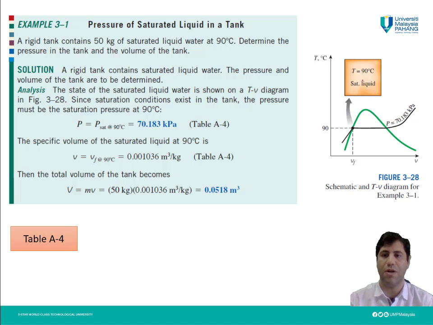So here we have a tank. A rigid tank contains 50 kilograms of saturated liquid water. So we know the state, we know the mass, and we know the substance is water, and we know its temperature. Then we need to determine the pressure P in the tank, and also the volume of the tank.